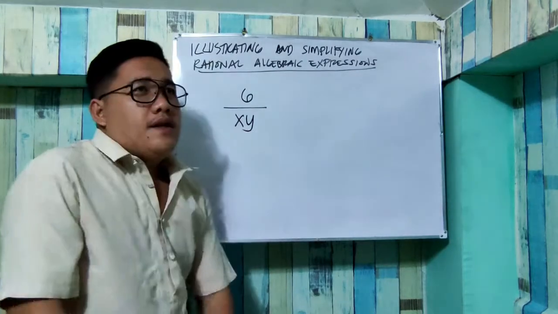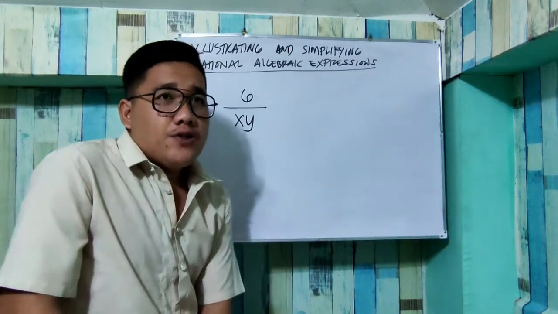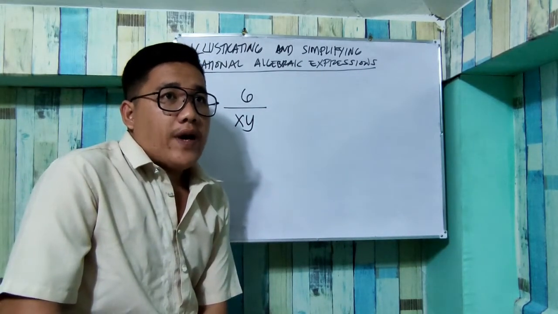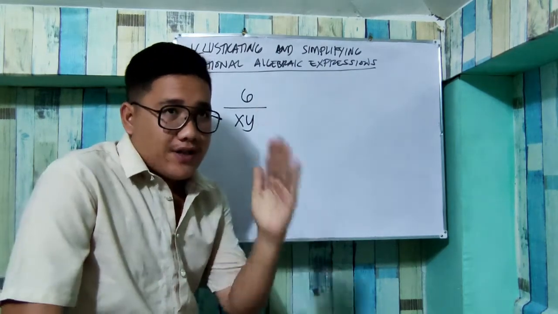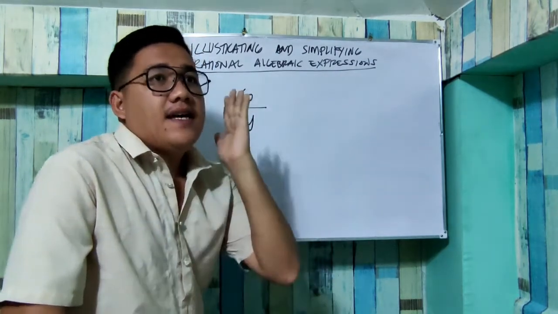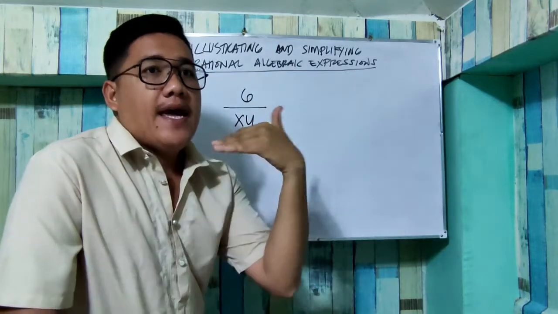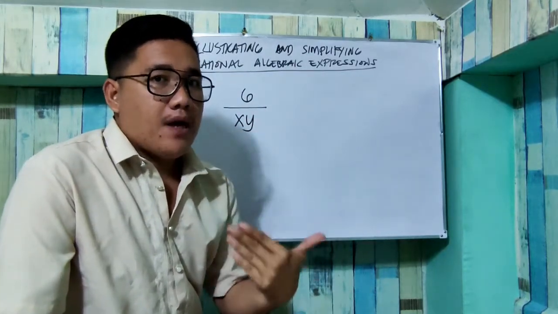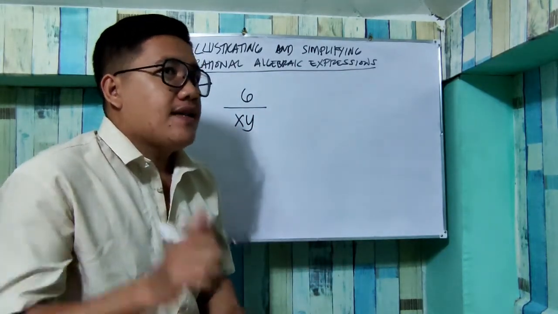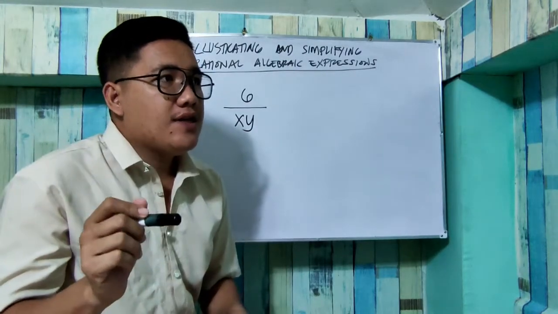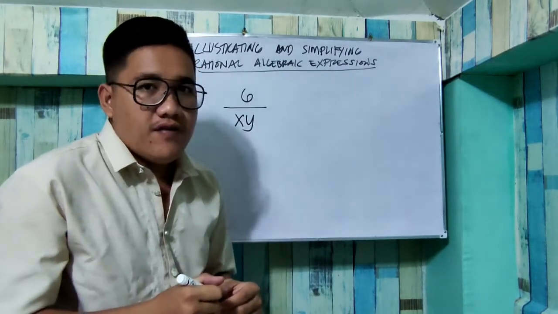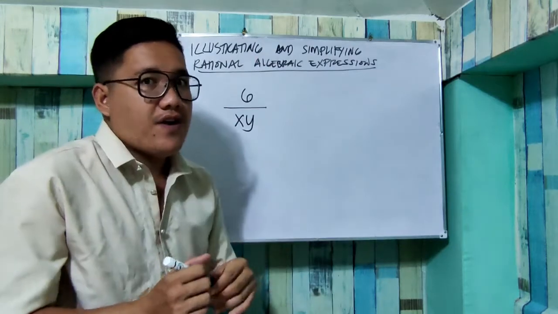Halimbawa, another example. Say for instance, you have the ratio of twice the square of m, and 10 times the number m. So, ang pinag-uusapan natin is ratio. Pag sinabi natin ratio, we are talking about division. Yung kanina, di ba, sa definition.